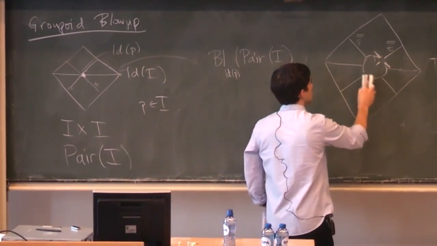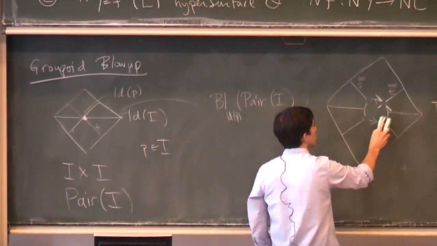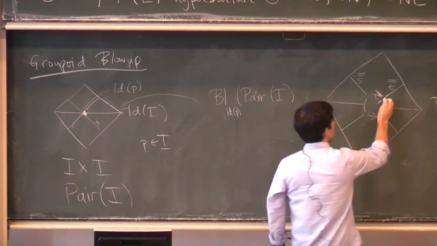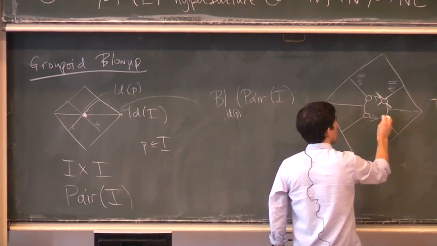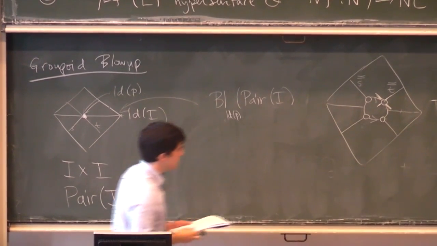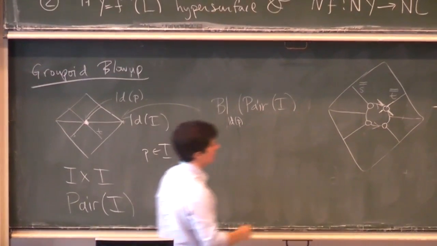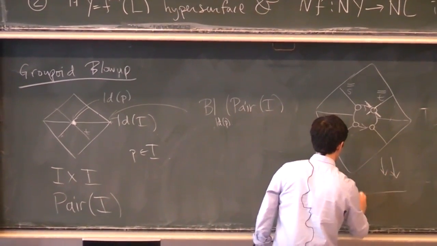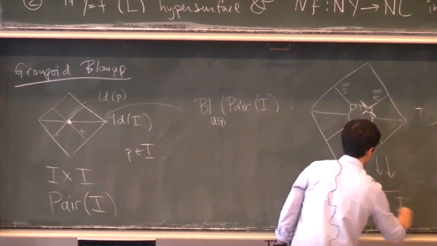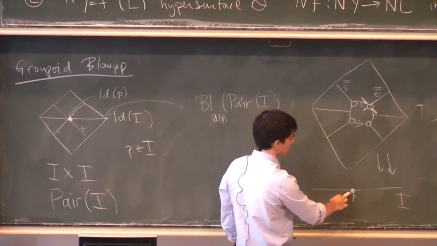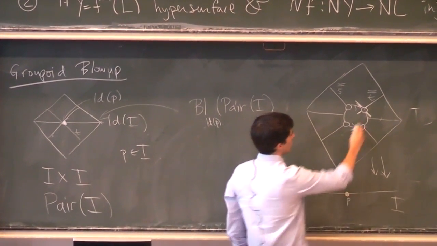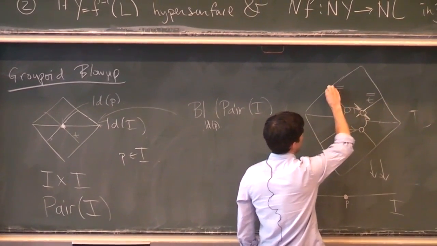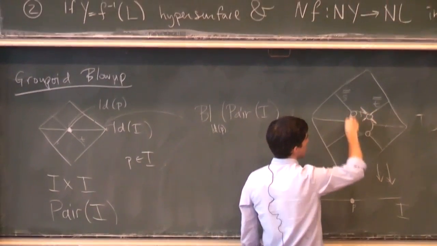And that removes this, and I want to do the same thing for S as well. Now you'll notice that this is supposed to be a groupoid over the interval again. And if I look at the source fiber of P, what I'm going to get is, let's say, this line, as well as the exceptional divisor.